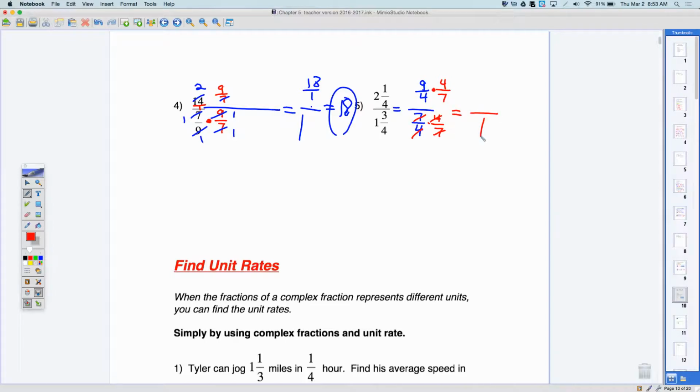Everything in your denominator cancels out, so you're left with a denominator of 1. In your numerator, you can cancel out your 4's, so you're left with 9 over 7 over 1, which you rename from an improper fraction to a mixed number, so it's 1 2/7.